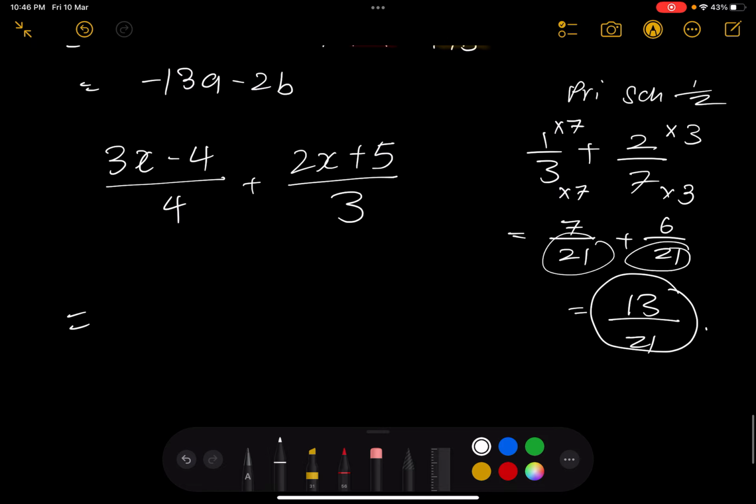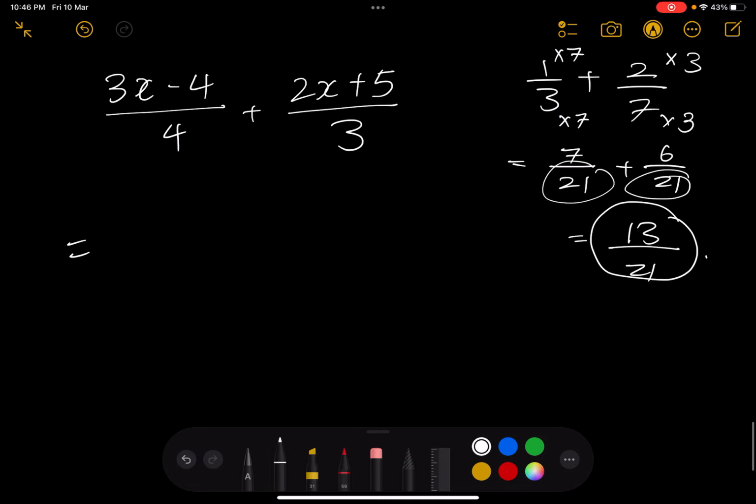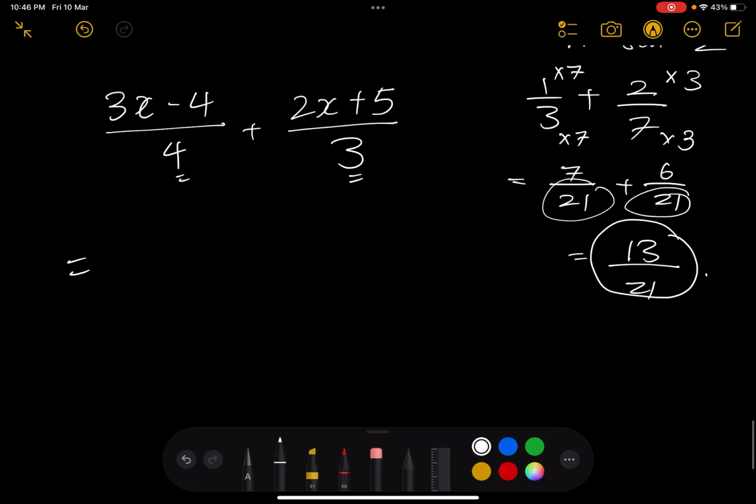Okay? Now, we're gonna do it a bit same like secondary school. We'll do something similar, okay? Now, I have two different bases. I want to make the same. Okay? How do I make the same? I will find the common denominator. So here I'll times 4. Okay? Whatever I times at the bottom must times here. Here, I want to times 3. On the top, times 3 also. Then your common denominator will be 12. Okay?